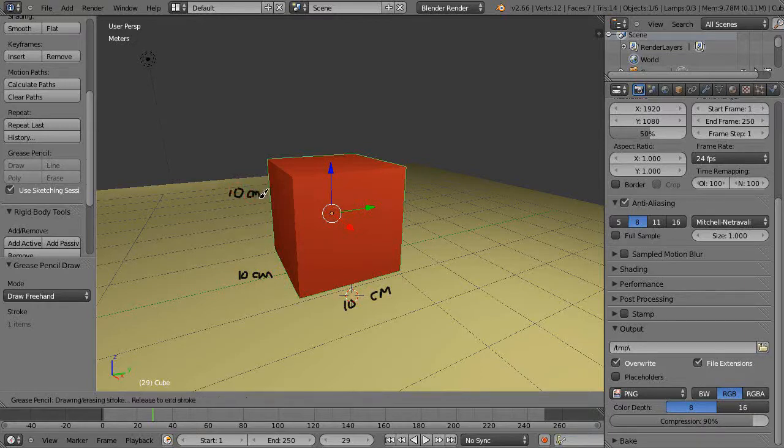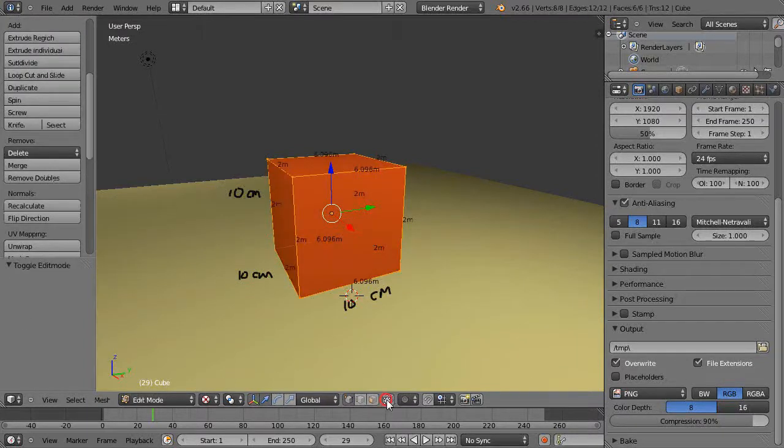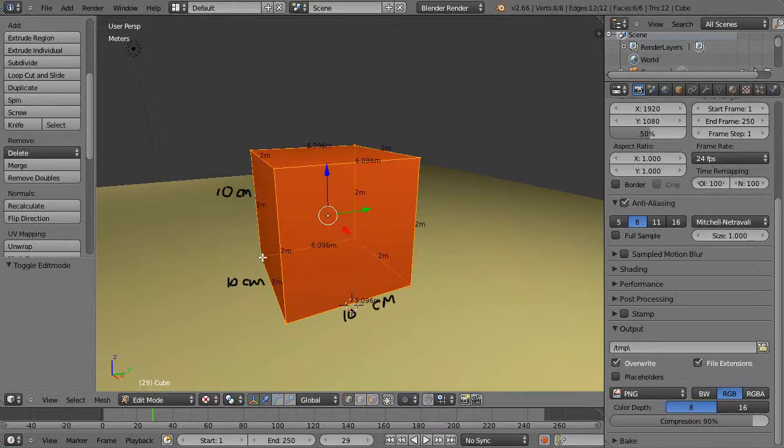So 10 centimeters times 10 centimeters, let's do the bottom portion of it. Let's go into edit mode so we can look at it like this. This bottom portion would be 10 centimeters times 10 centimeters, which is 100 square centimeters for the area of this square, and then you multiply it by a height of 10 centimeters, so 100 square centimeters times 10 centimeters is 1,000 cubic centimeters.